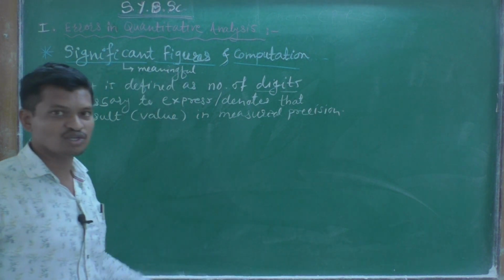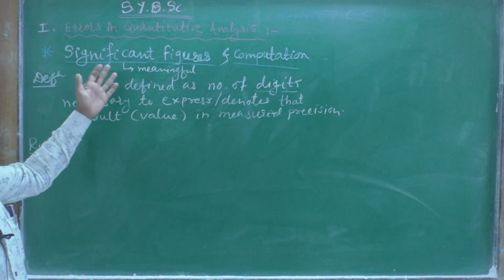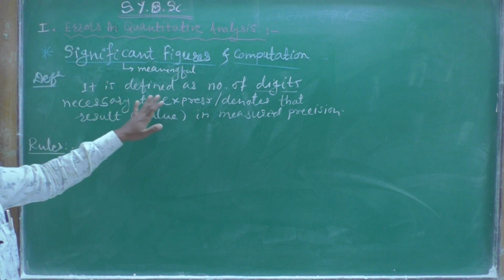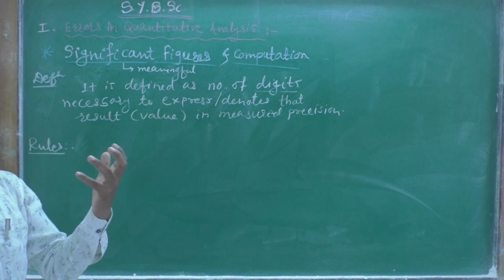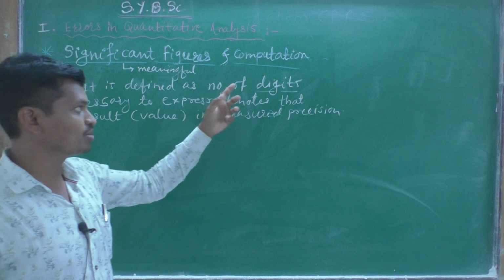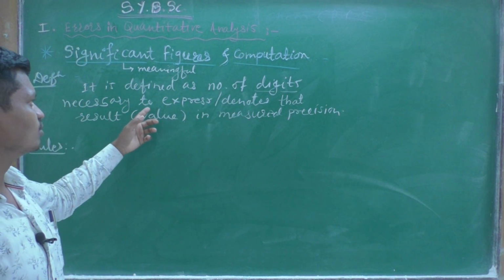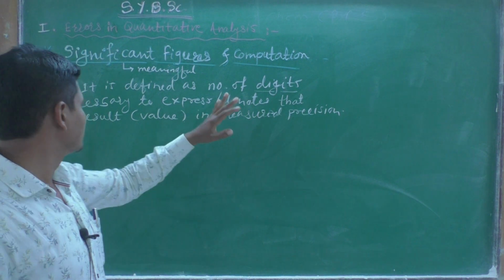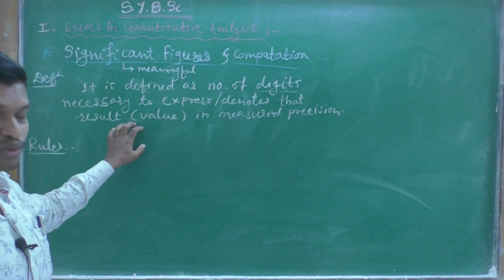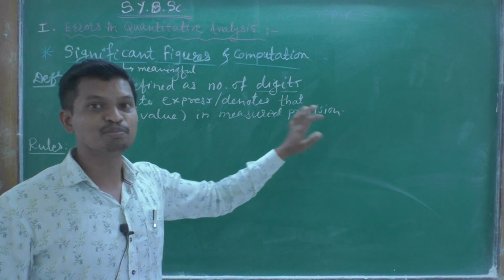So this is the definition of significant figures. It is defined as the number of digits, 1, 2, 3, etc., necessary to express or denote that result or that value in measured precision.